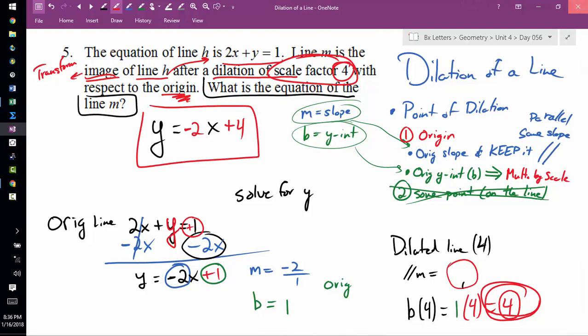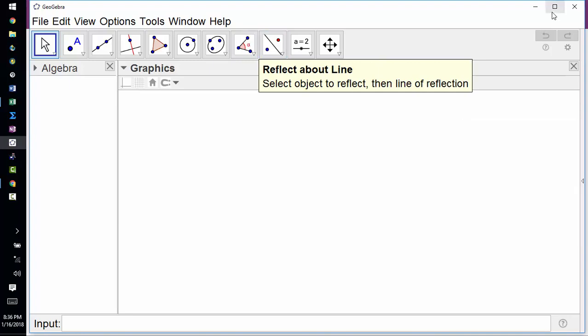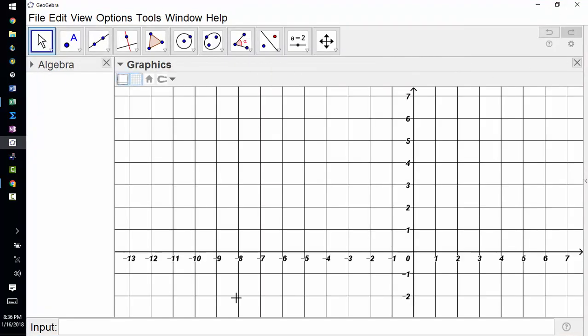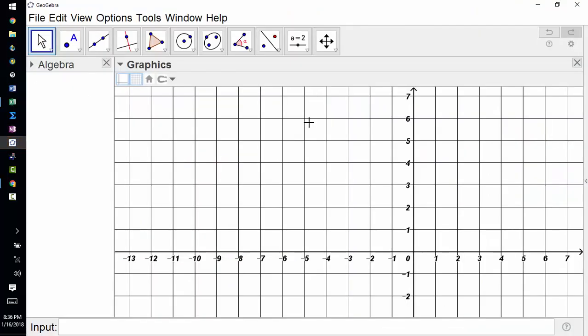I guess I'll take the time to just show you in another program. If you buy that explanation, great, you can move on. But what we can do is open up a program like GeoGebra. We can turn on the graph, and we can actually plot this thing. We can plot 2x plus y equals 1.